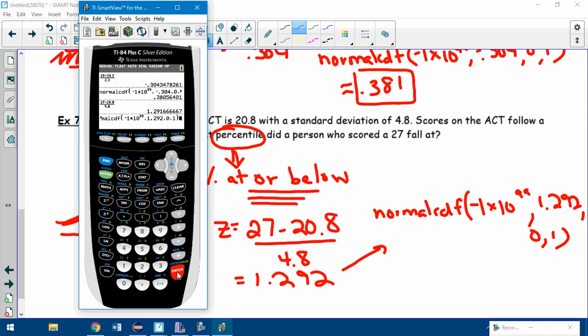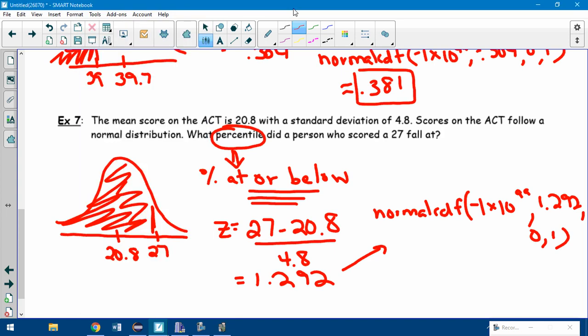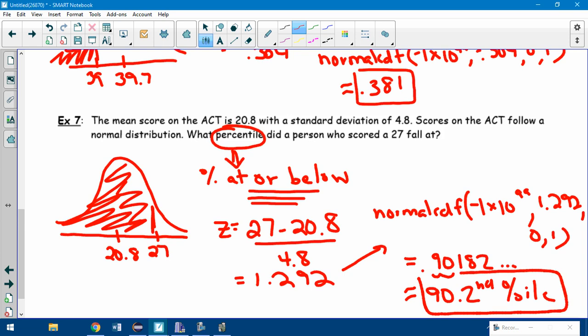Normal CDF gives me 0.90182. So if I wanted to know what percentile, make it into a percent, it's about the 90.2nd percentile, which means this person scored better than about 90% of the people taking the test, which is a great score.